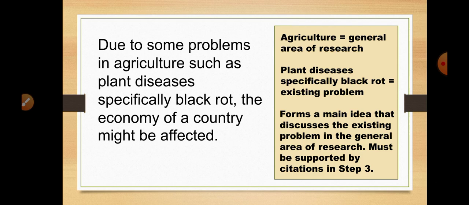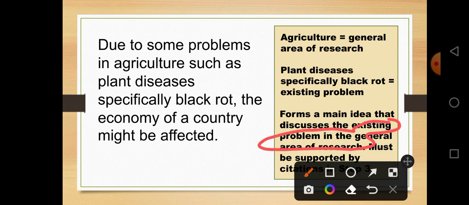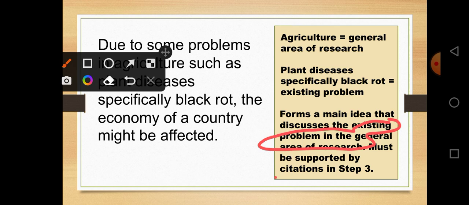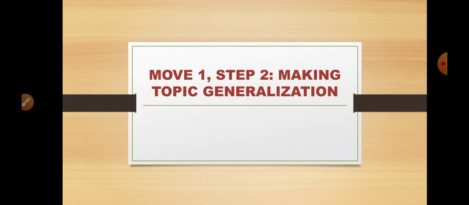Okay, and this existing problem in the general area of our research must actually be supported by the citations in our step 3. Okay? And this part, where we present a main idea that discusses the existing problem in the general area of our research, will be known as making topic generalization.